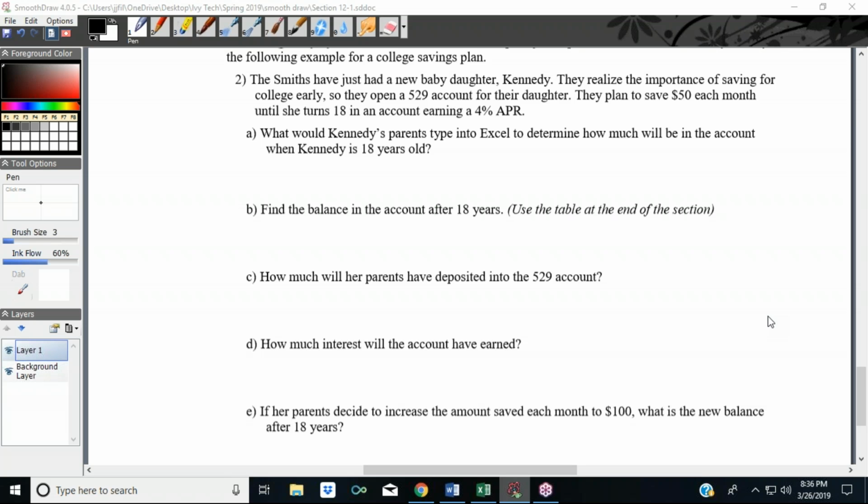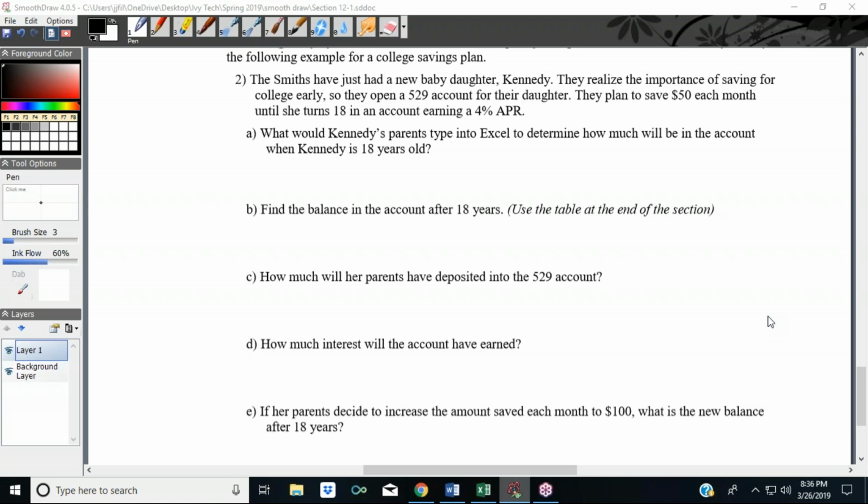And what did you guys find out? Let's pop it into Excel and see. And then we can find it in the table also. But let's put it in here just so we can see.